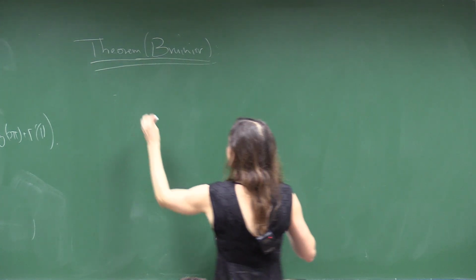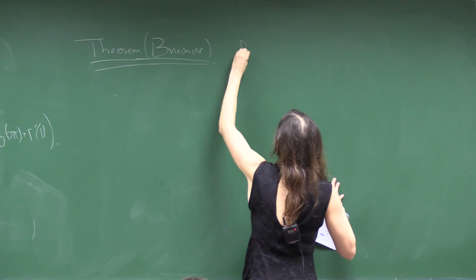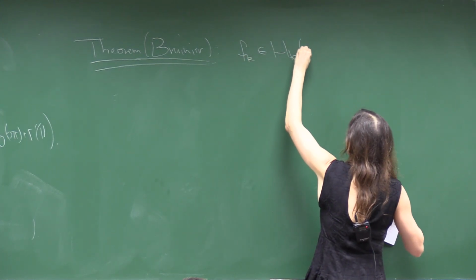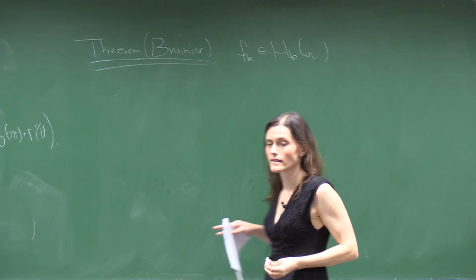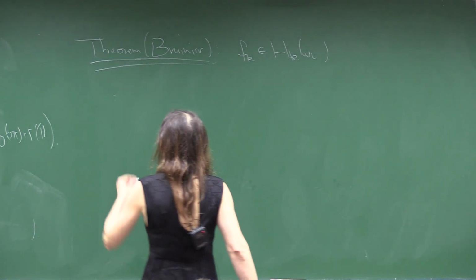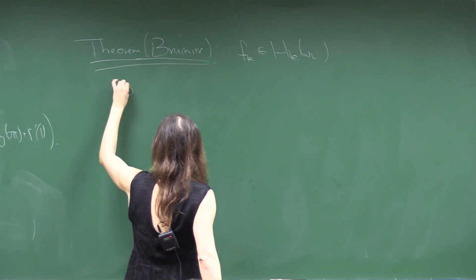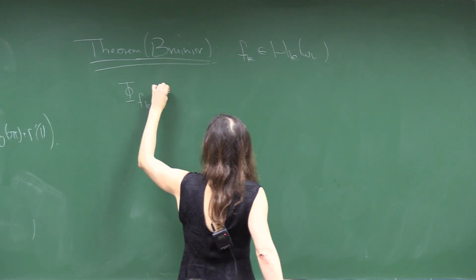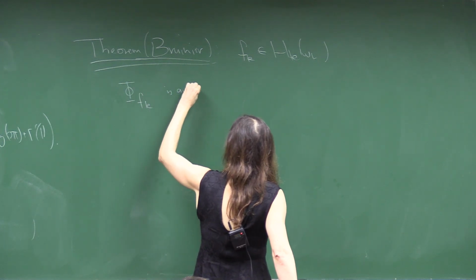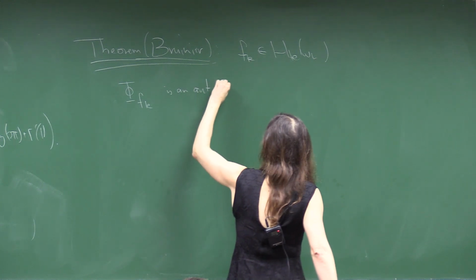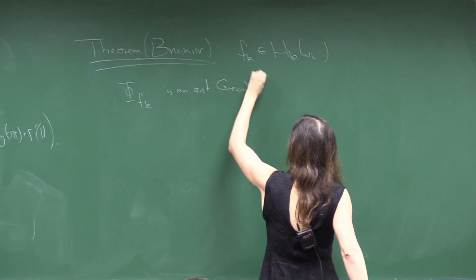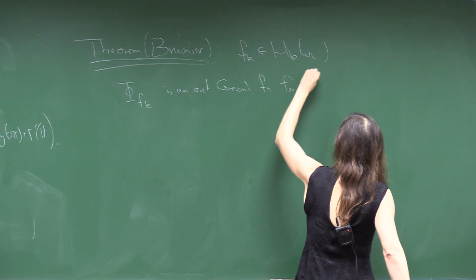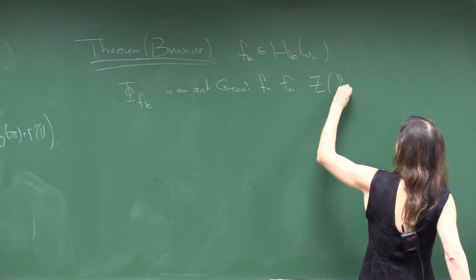The theorem of Bruinier is that if you're looking at f as any harmonic weak Maass form, it doesn't necessarily have to be weakly holomorphic, then what Bruinier shows is that the regularized theta lift, as I defined it before, is in fact an automorphic Green's function in the sense of Arakelov theory for the divisor ZFK, which I wrote down here.